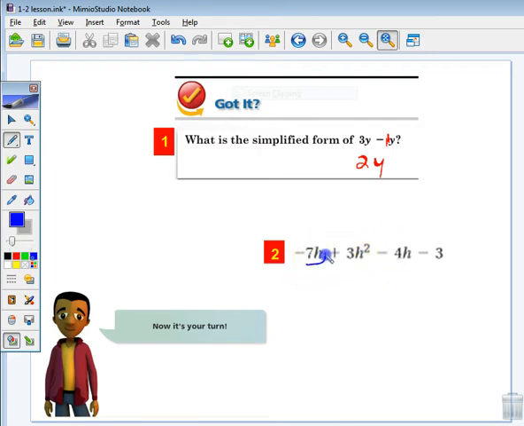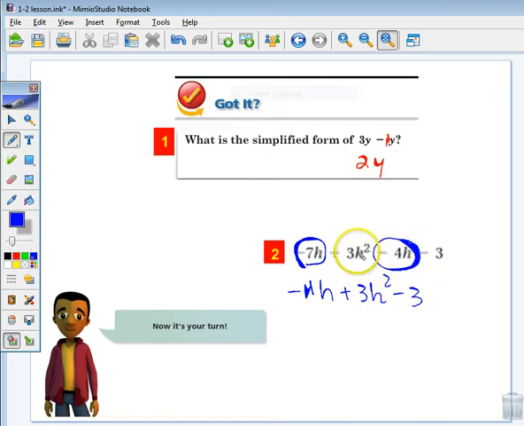So I see an h, so negative 7h and negative 4h, those guys can be combined. Again, this is negative 7 minus 4, which is negative 11h, plus 3h squared. There's nothing else there for me to combine, minus 3. I cannot combine 3h squared and negative 3 together.